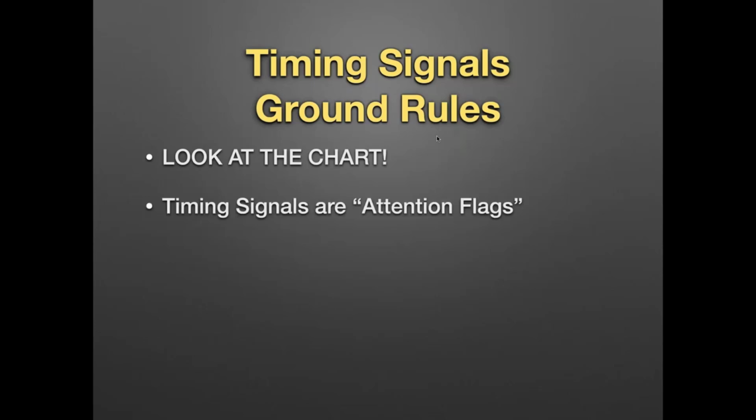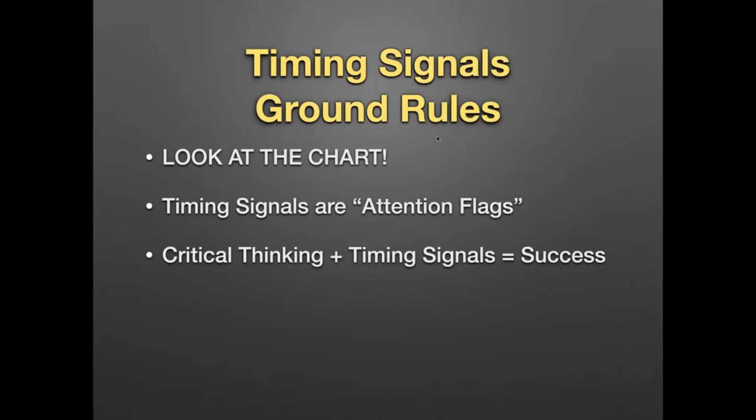That is not something you should just immediately trade off of. I think most of you are familiar with this, but just remember with any type of timing signals that you get, you really need to look at that chart. And that's what those are, attention flags.